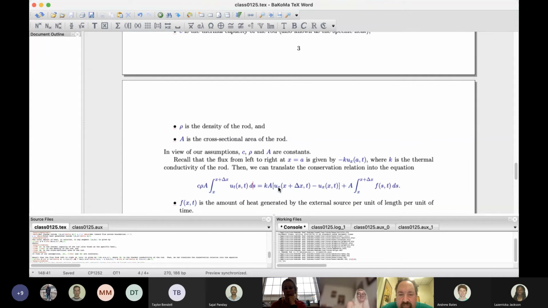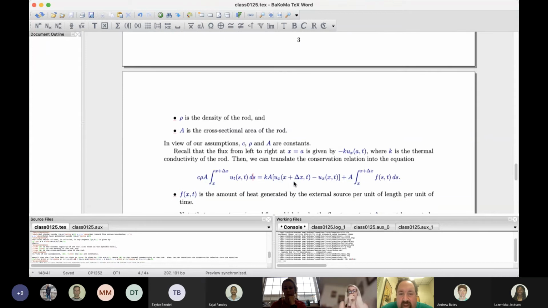For the right endpoint, I need inward flux, but left to right, when I'm at the right boundary, it's going outward, so I need to negate it. That's why I have positive k ux for the flux in that case. And since flux is defined per unit area, multiplying by A gives me flux across the entirety of the ends of the segment.